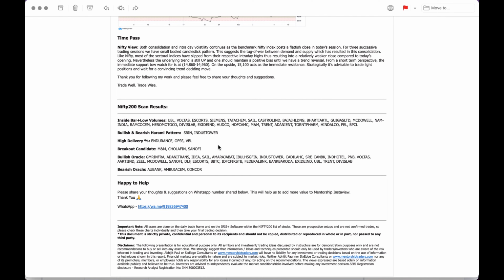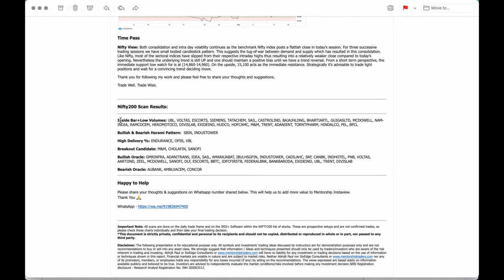I email this every trading day in the evening around 8 to 9 p.m. and I use the Iris Plus software to scan this, and then I visually check. It's not that whatever comes I put it on the report and send it out. So I personally scan it out to figure out which are the bullish bearish Harami patterns which should qualify. That is, I look into the underlying trend very closely, I look into the range very closely, and then I share a truncated list.